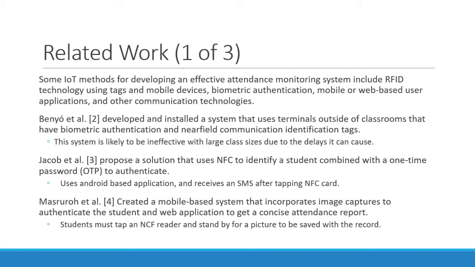The reader reads it, and then it will text them an SMS where they have to confirm their identity. And approach 4 uses a mobile-based system that incorporates image capturing to authenticate the student, and uses a web application so they can view a concise report.